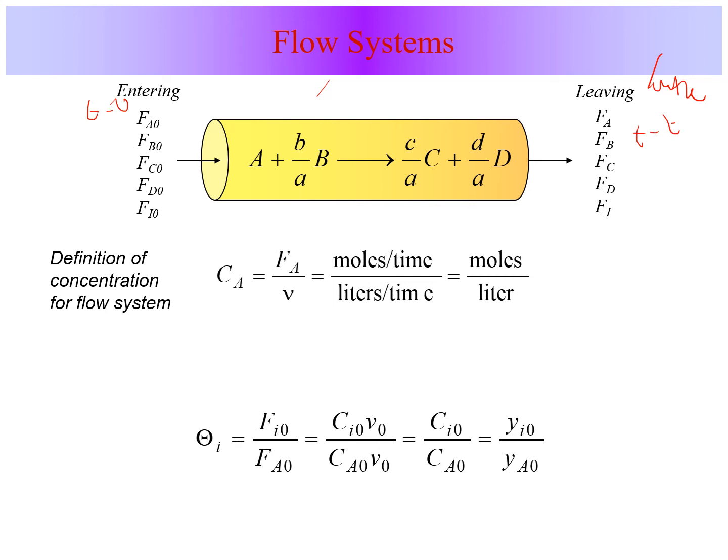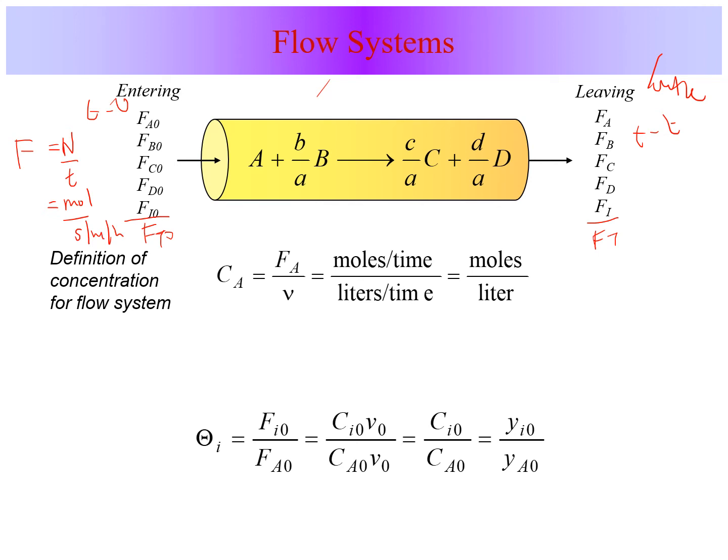This would be F total naught, and this would be FT, the total. Always remember what F is: F is equal to N over T, in terms of moles over time. It can be in seconds, minutes or hours.